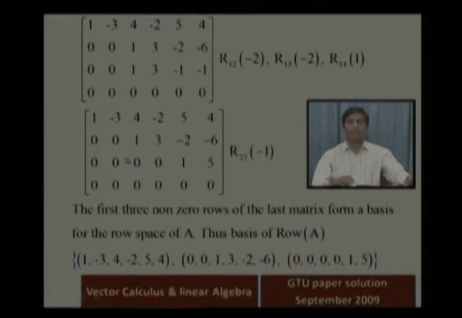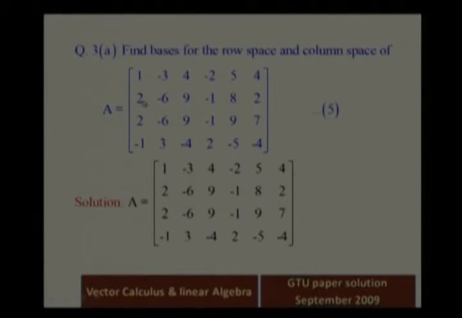So whenever we find a basis for the column space, we have to consider the first, third and fifth columns of the given matrix A, because we converted A to row echelon form. So corresponding to the first, third and fifth columns we take from matrix A.